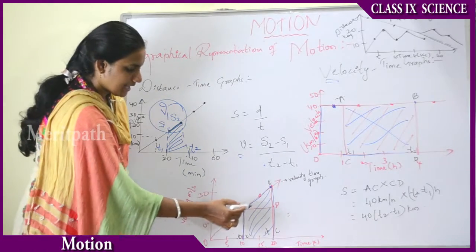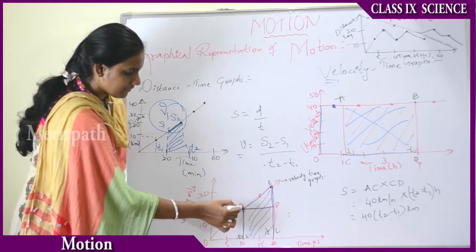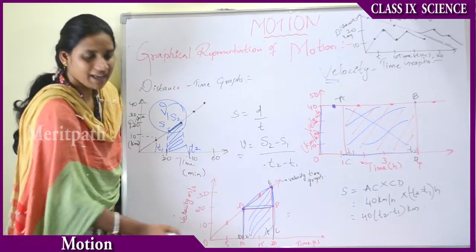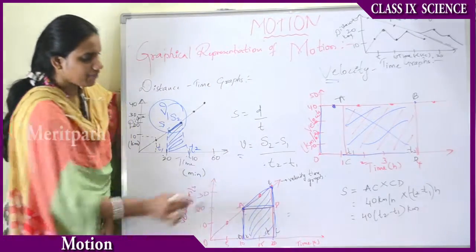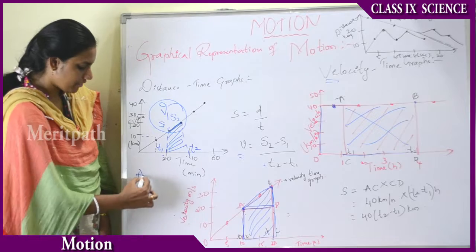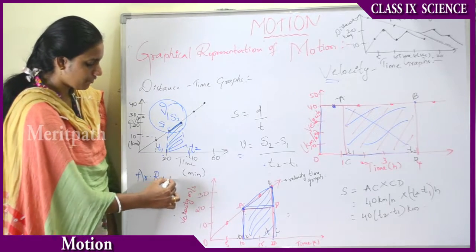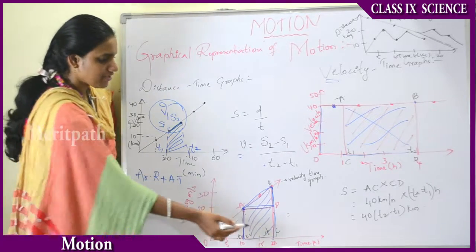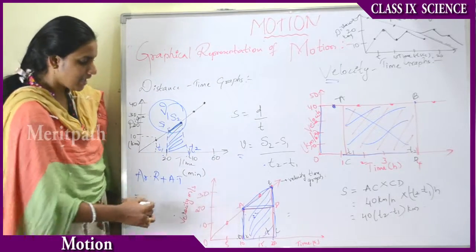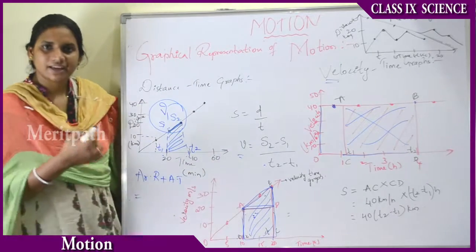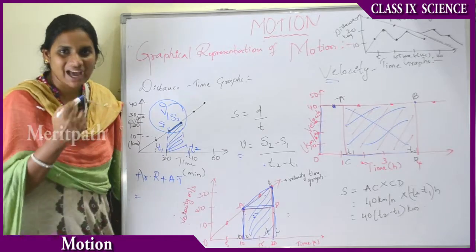The figure consists of one triangle and one rectangle. Therefore, we can say that the area of the rectangle plus the area of the triangle will give us the velocity of this graph, right?